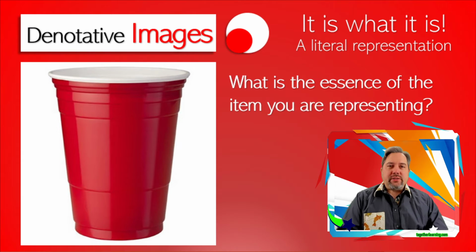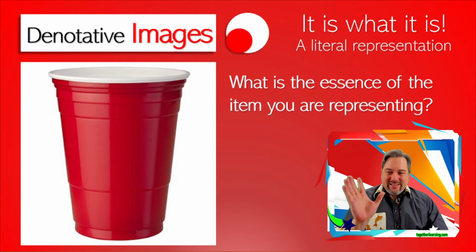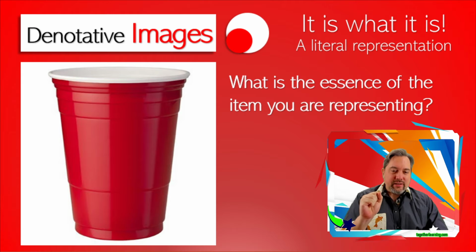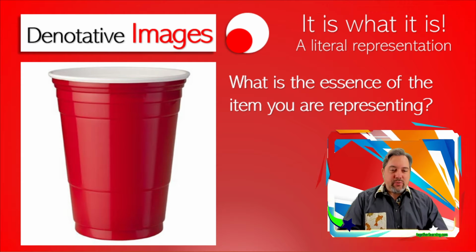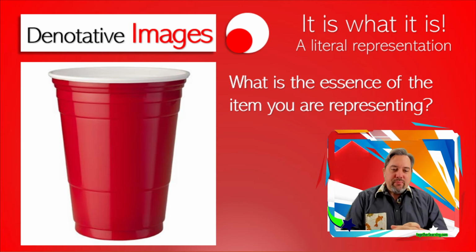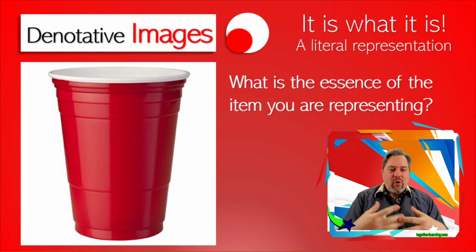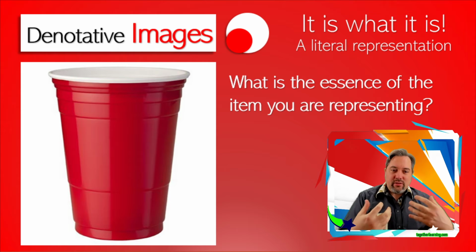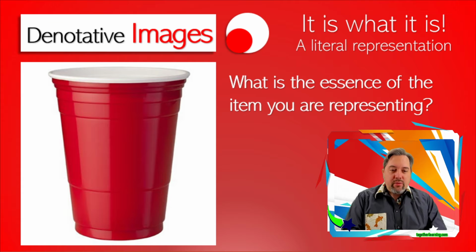Okay, let's look at something else here. So let's go back to the cup, right? It's this essence, the idea of it, the item you're representing. A lot of times it's an item because it's easiest to represent an item by just showing the item. A lot of times when you want to show a person, they have all these extra things associated with them: their facial expression, their clothing, their background, how many people are around them.